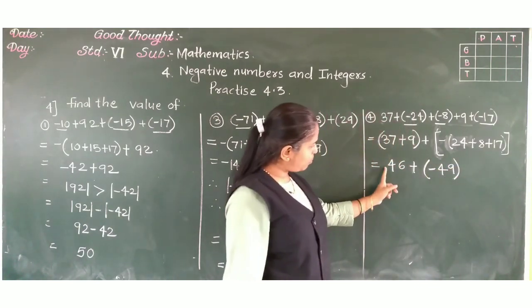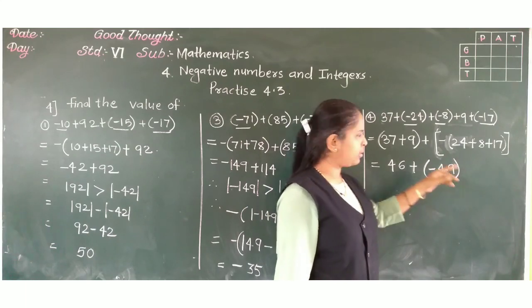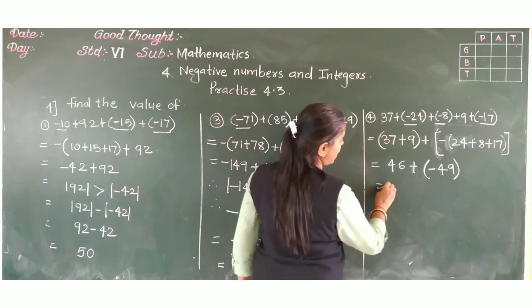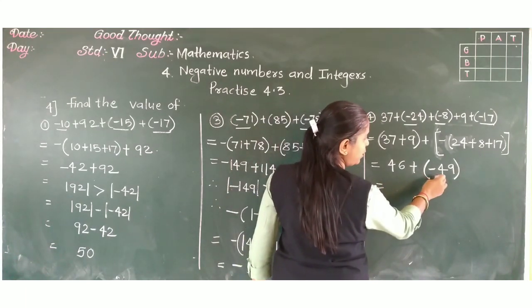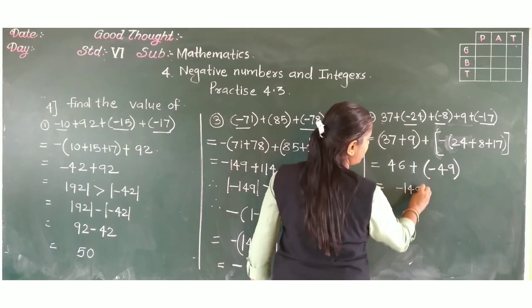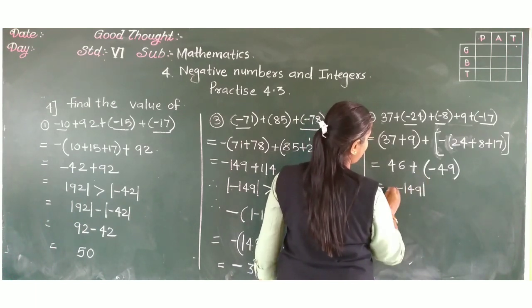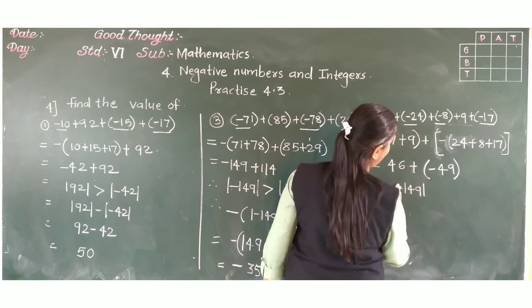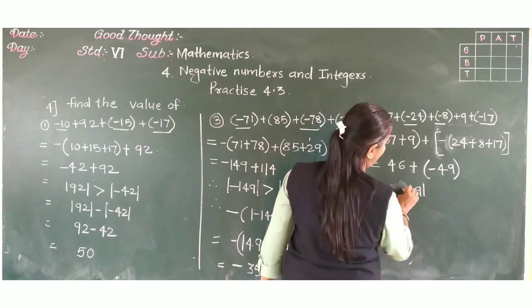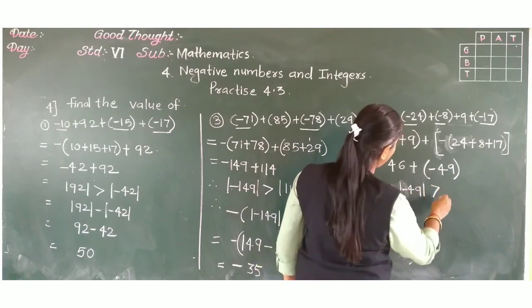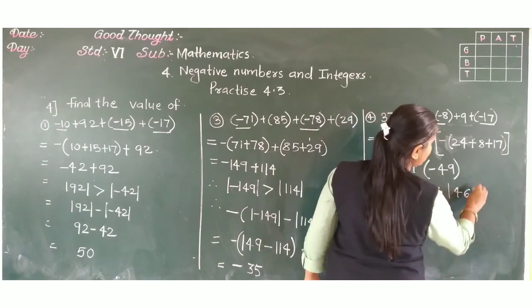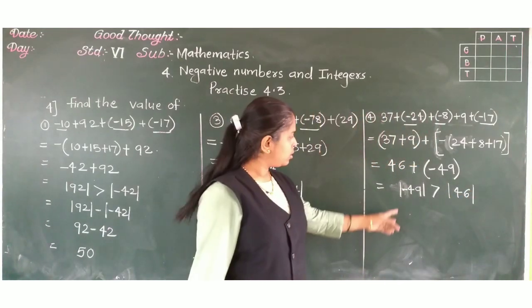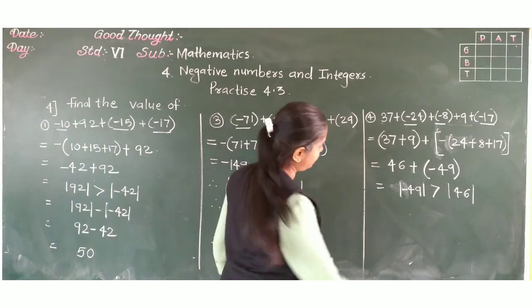Now see, plus 46 minus 49, different signs. That is absolute values. So the absolute value of this is greater. Absolute value of minus 49 is greater than absolute value of 46. So our answer will be negative only.